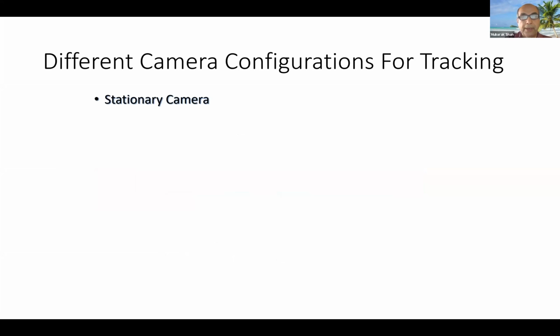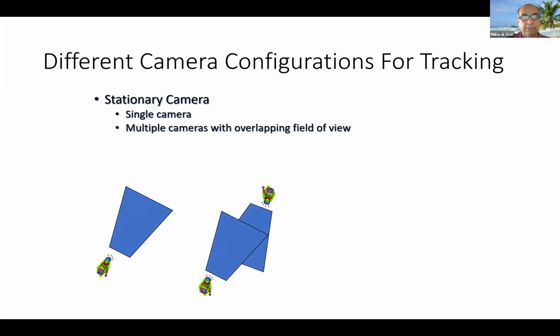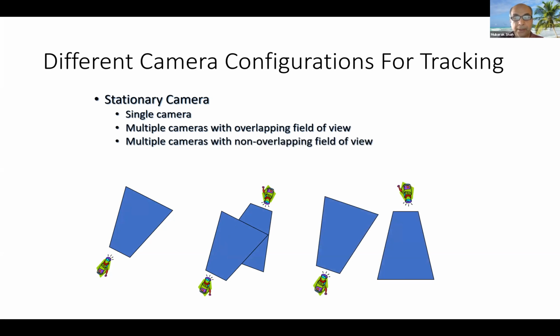So we have been working on tracking for a long time, and if you look at different configurations of tracking, the simple way is the camera is fixed and we want to track in that. Then the other is multiple cameras, but they have overlapping fields of view, so there we want to solve the handover problem. The third case is that the cameras are non-overlapping.